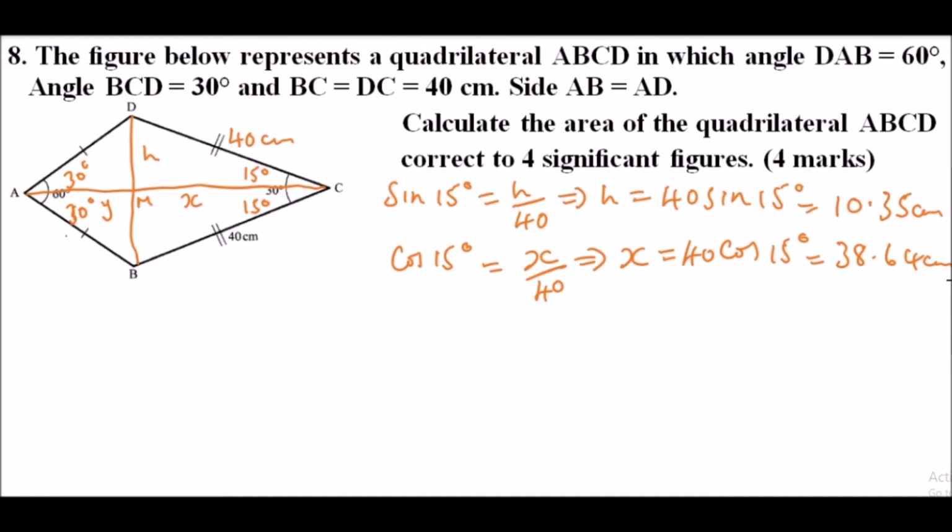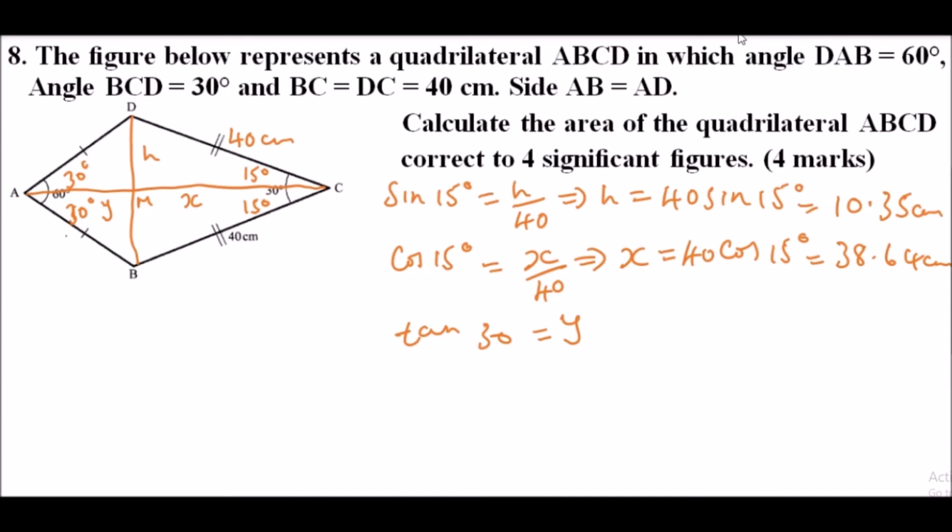Let's get y, so that once we start calculating the area, we will be able to do that. So we say tan 30, that is this angle. We want to get y, which is the adjacent.